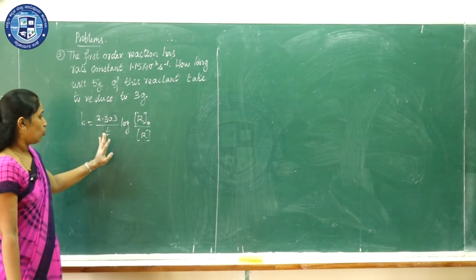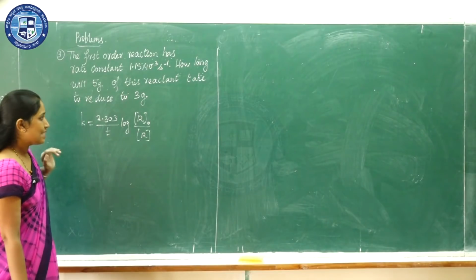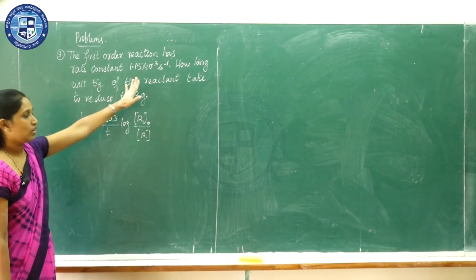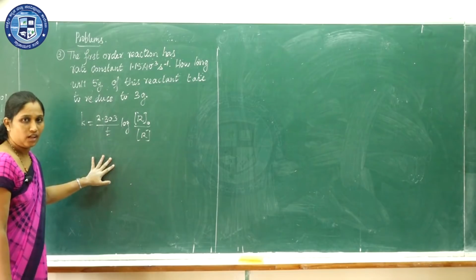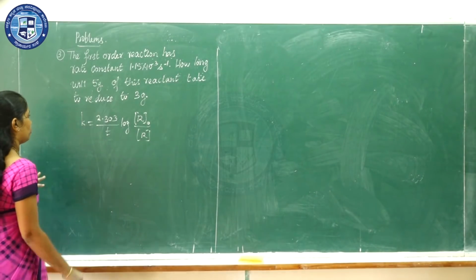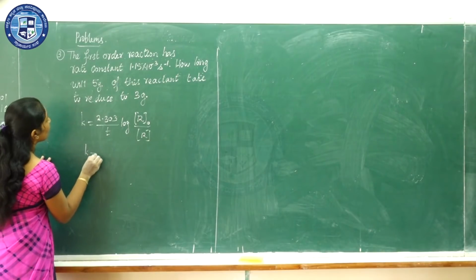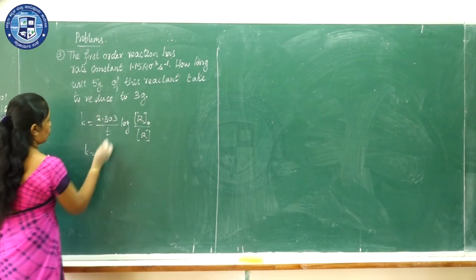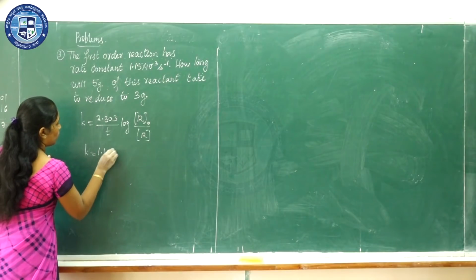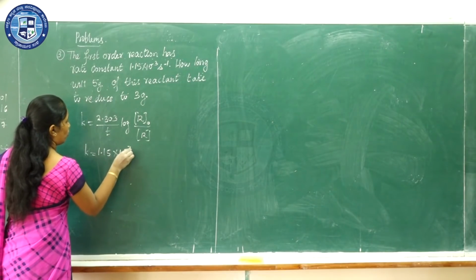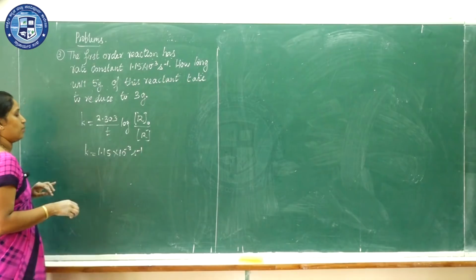You have to find the time. We will see what data is given, write it down, and later find it out. So, what about K, is it given? The first order reaction has a rate constant, so from that you get K as 1.15 into 10 to the power of minus 3 second inverse, and that's fine.